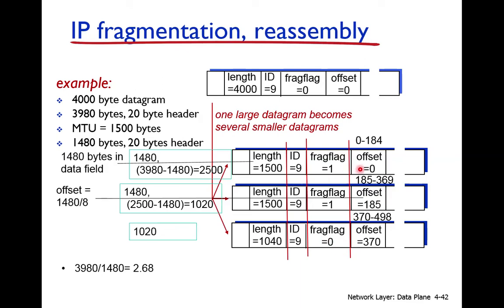From the offset value these packets are stored: this is the first packet, this is the second, this is the third. From the offset and the length of the packet, it can compute that this is the first, second, and third. This is the procedure for IP fragmentation and reassembly in the IP packet.